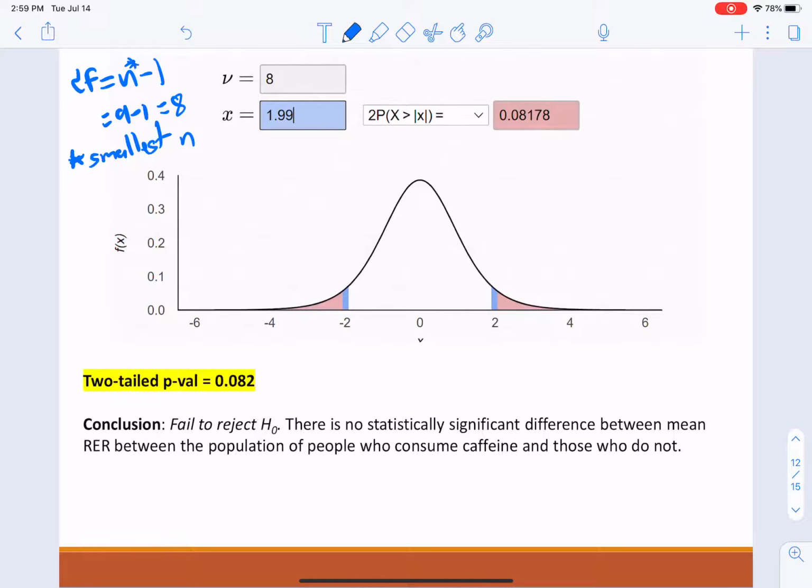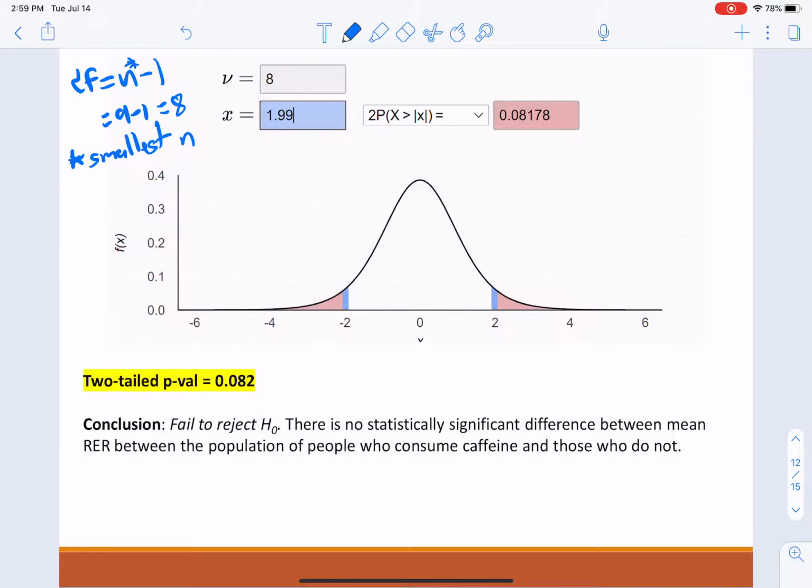And we put 8 right there. Okay, and that sets up the curve for us, and then we plug in our test statistic, 1.99, into the 2-tailed option, and we get a p-value spat out here in the red box.